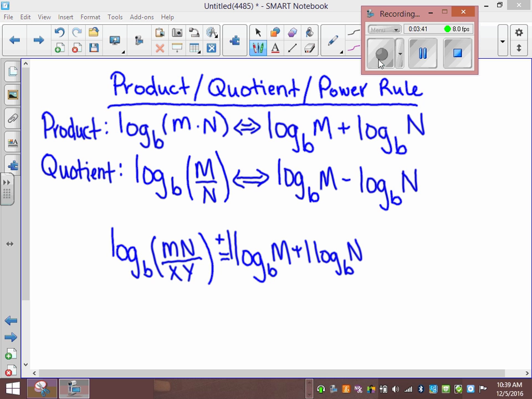Okay? And then the bottom ones are in the denominator. When they're down there, you're going to go negative 1 log base b of x, negative 1 log base b of y. So anything that's in the bottom gets a negative 1 written in front. Anything that's in the numerator, the top, gets a positive 1 written in front.